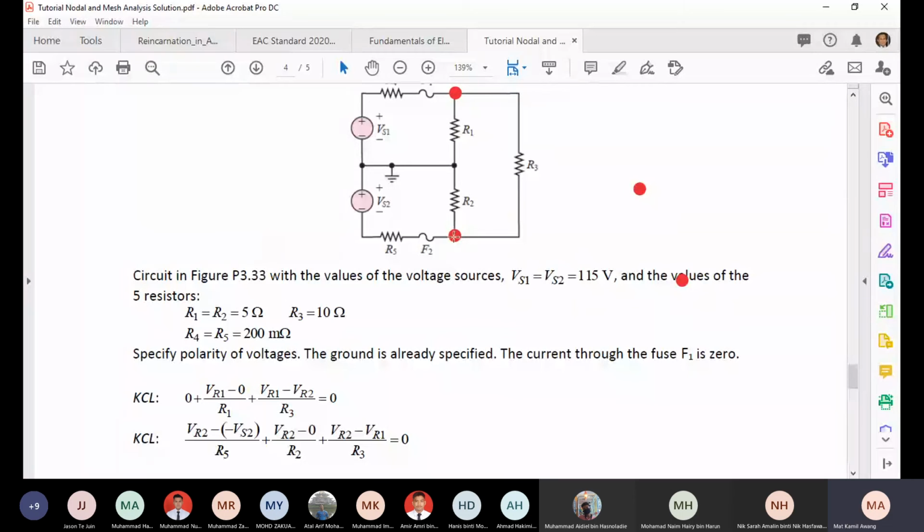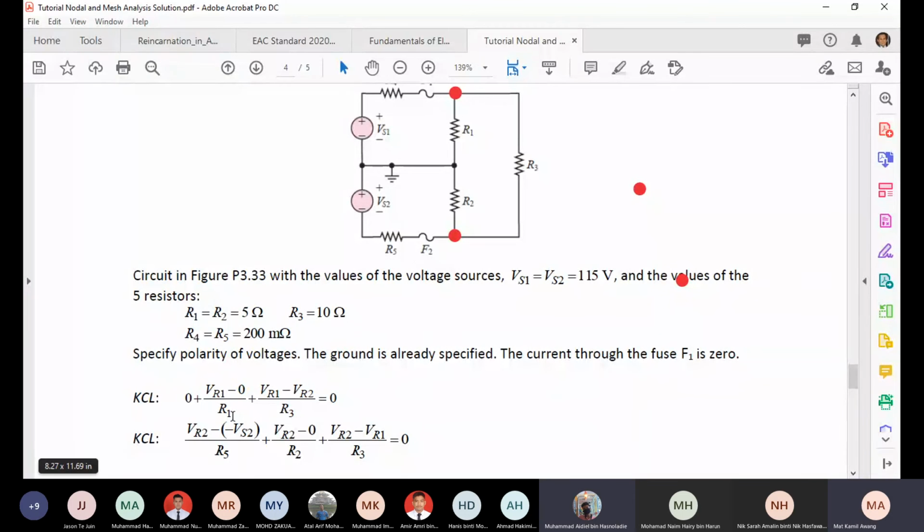For the second node, this VR2 node. The first one, let's say we take this one: VR2 minus 0 divided by R2. Plus VR2 minus VR1 divided by R3. And VR2 minus VS2 divided by R5.